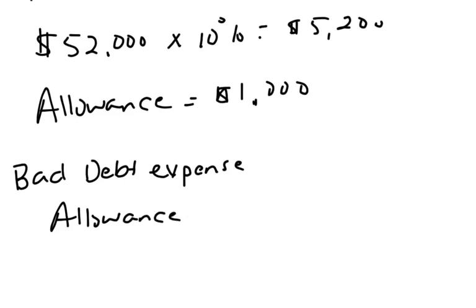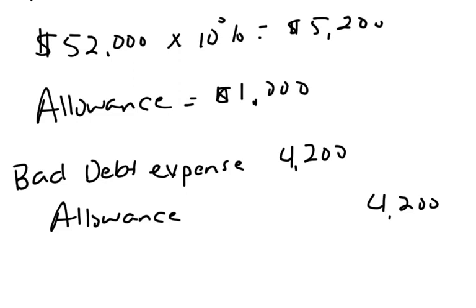But this time, we're not going to have the amount of $5,200 in there, because again, the goal is to get the allowance account to equal $5,200. It already has a balance of $1,000. So to get it to $5,200, I need to increase it by $4,200. So to increase it, I'll credit it. So we're going to debit expense for $4,200, credit the allowance for $4,200. Now allowance will equal the $5,200 based on our percent of receivables.